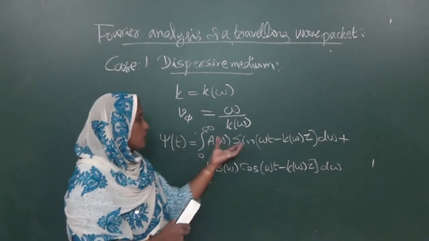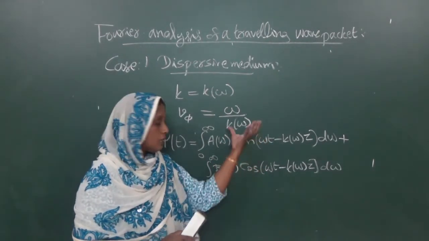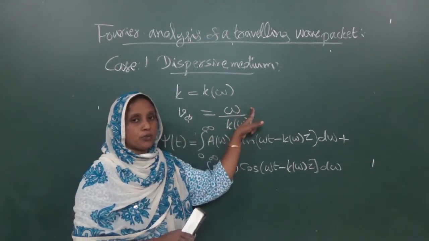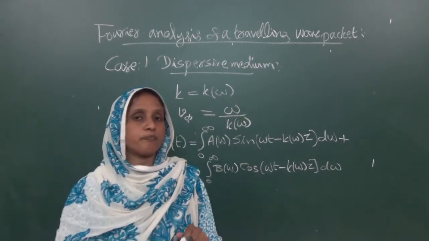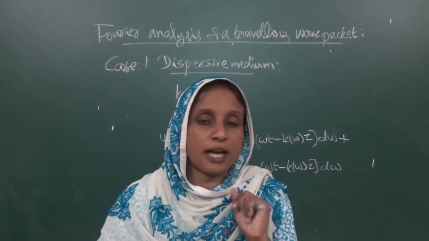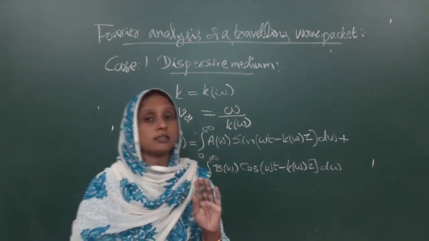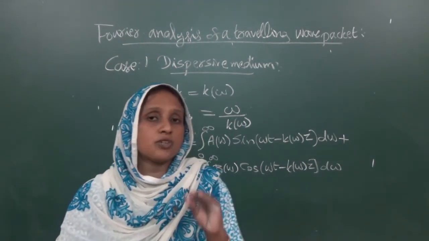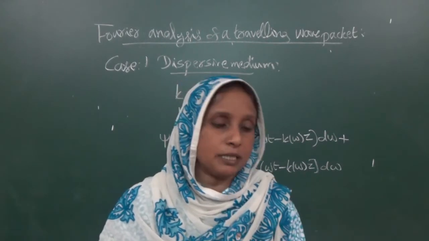Now each frequency component, each harmonic, moves with its own phase velocity through the medium. The medium is dispersive, so the wave packet or the pulse cannot maintain its shape as the wave propagates through the medium.